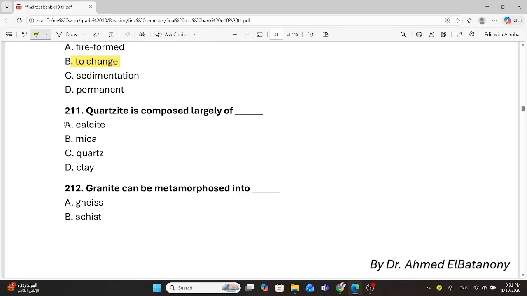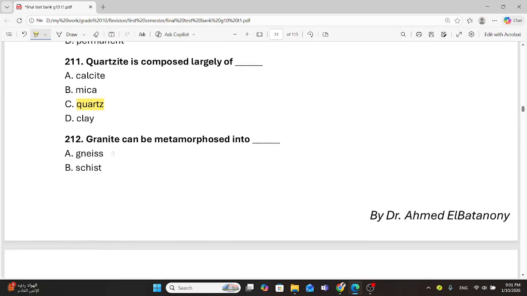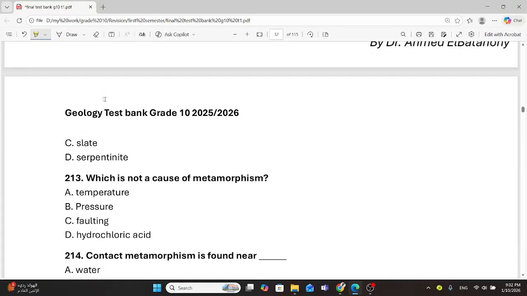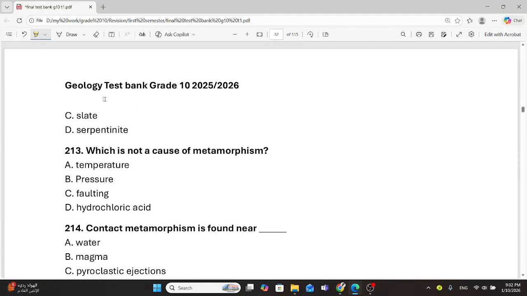Quartzite is composed largely of الكالسايت ولا مايكا ولا كوارتز ولا clay. هتبقى quartz. طيب granite can be metamorphosed into gneiss, schist, slate ولا serpentinite. هتبقى gneiss.